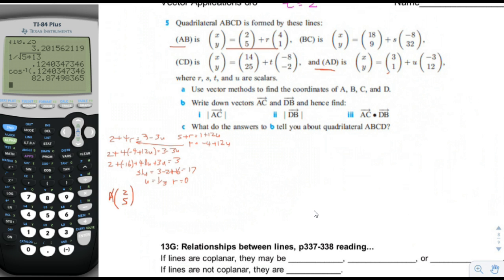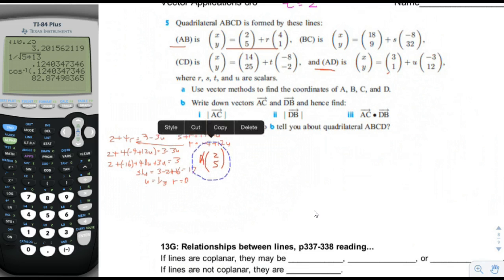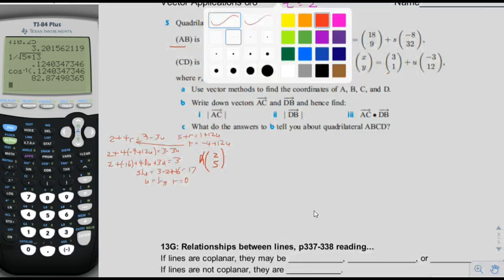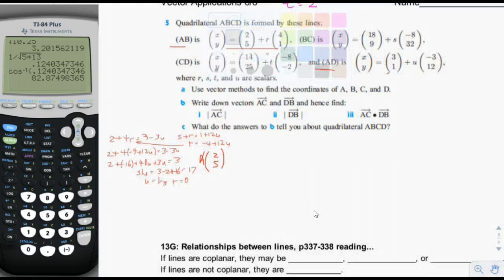Okay. Now we're going to find coordinate B. Coordinate B, we need to use this and this. So we're going to have 2 plus 4r is equal to 18 minus 8s.